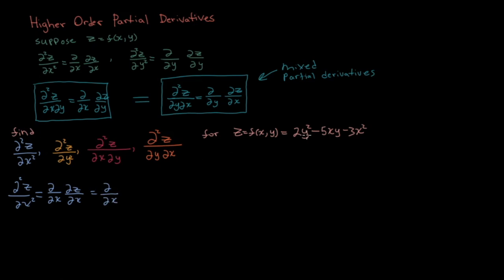Let's do the first partial derivative here. With respect to x, the 2y squared goes to 0, so this will be 0. And then this becomes 5y.